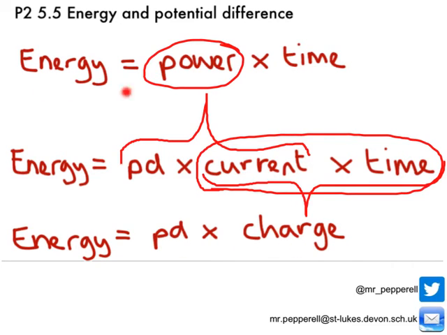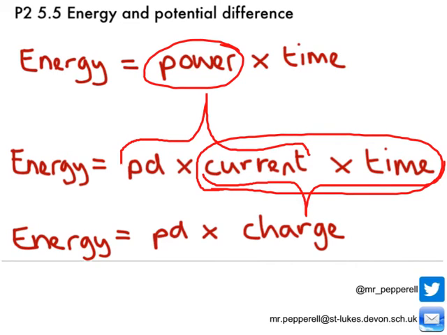This equation is exactly the same as the last one, just with different ways of calculating the bits within it. Energy equals potential difference times charge. These are the two factors I said affected energy transfer originally, and if I change one or both of them, it would affect the amount of energy transferred.